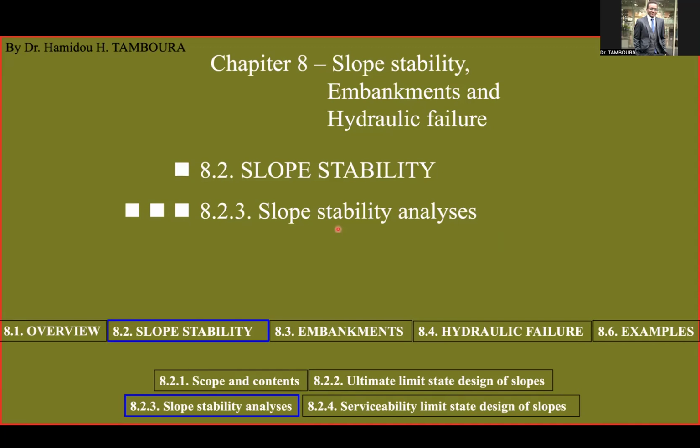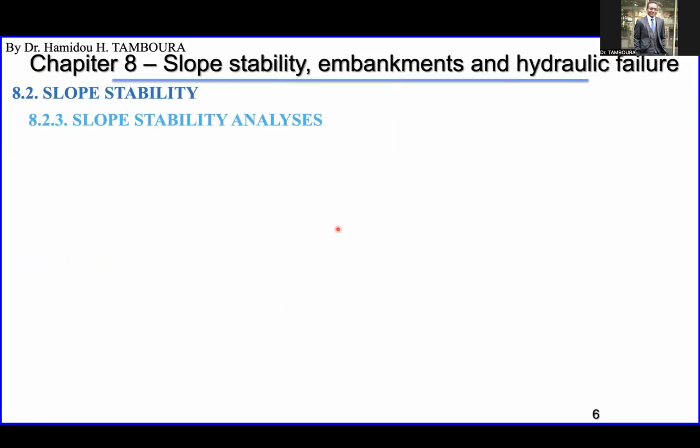So let's continue with the slope stability analysis. Last time, the one we discussed here was the infinite slope analysis. So this time we are going with a general stability analysis. Okay, general stability analysis for slope stability.